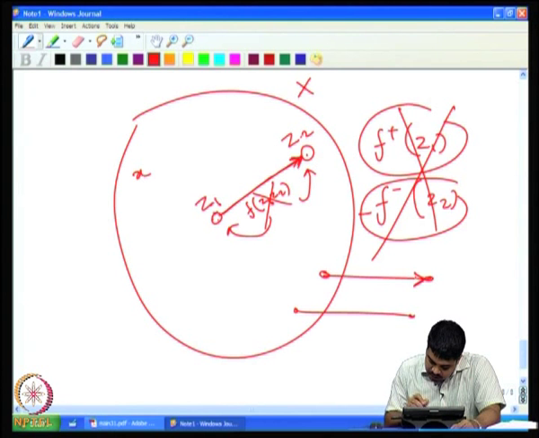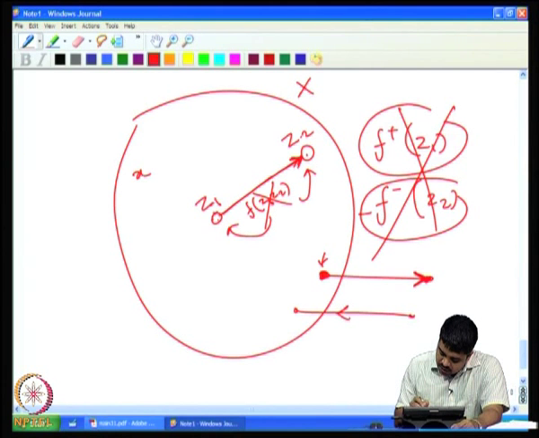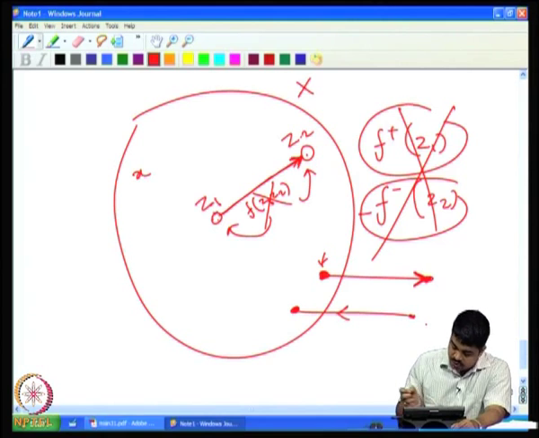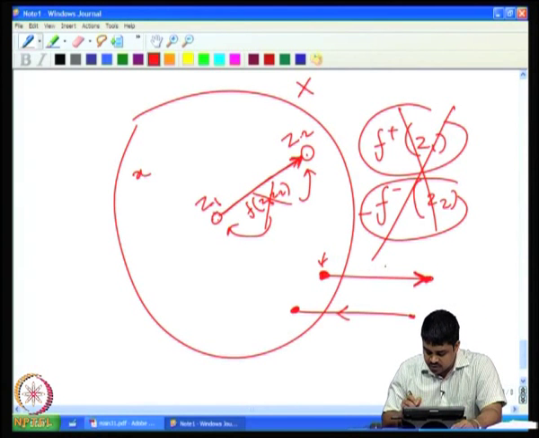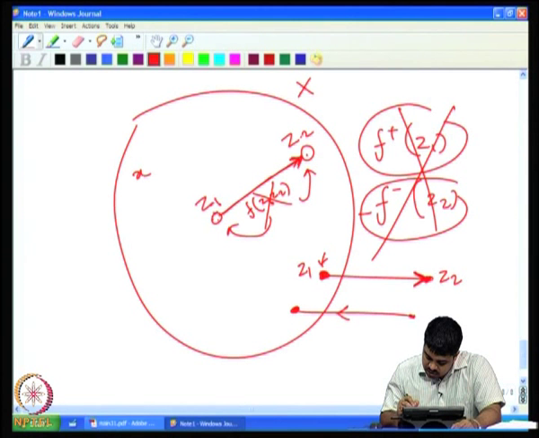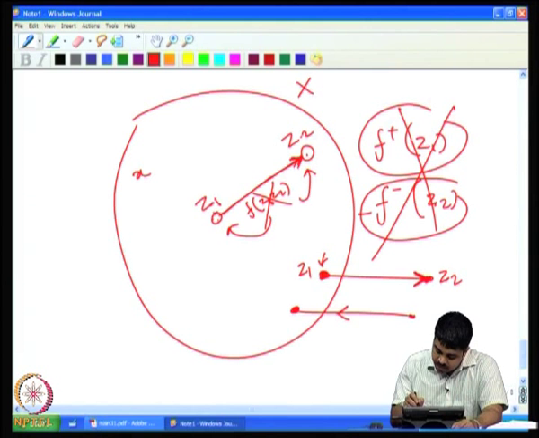One is where the beginning endpoint, the start, is inside, and the head of the arrow is outside, and the other type is like this, coming from outside to inside. For instance, if z1 is here and z2 is here, that component will not be there, therefore this plus component will remain.